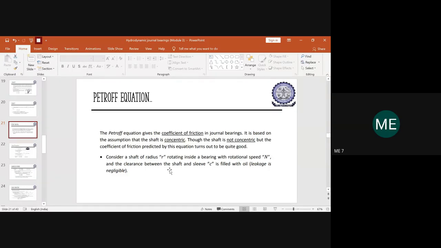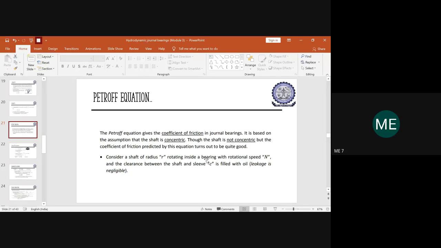Right. So after this assumption, what you have to understand here is that the shaft radius is considered to be r, and it will be rotating inside the bearing. The rotating speed is given by the letter N. The clearance between the shaft and the sleeve is represented by the letter c.